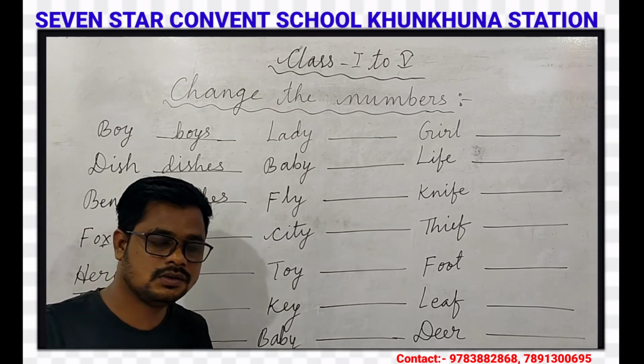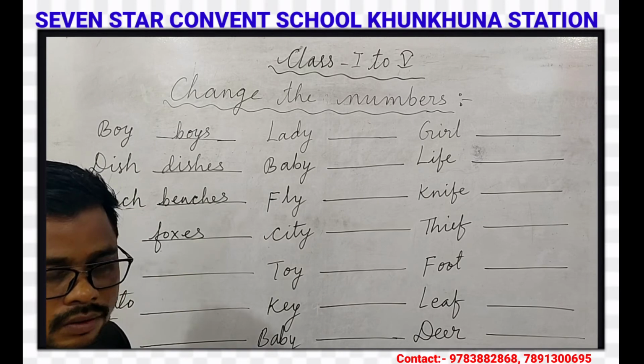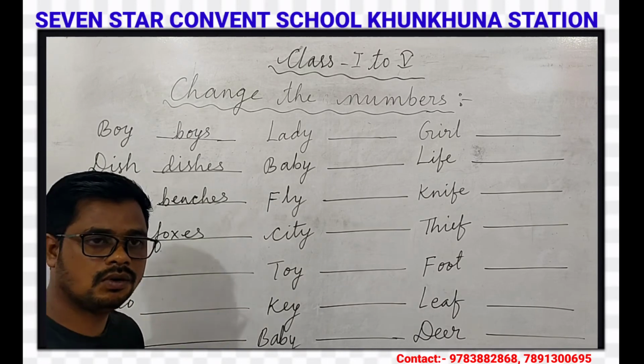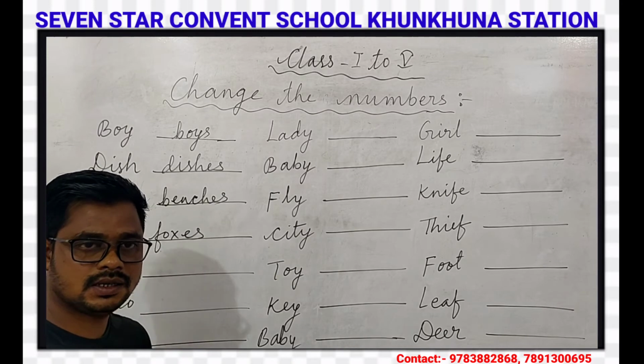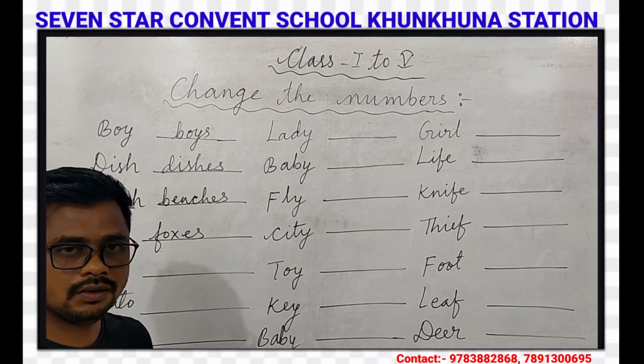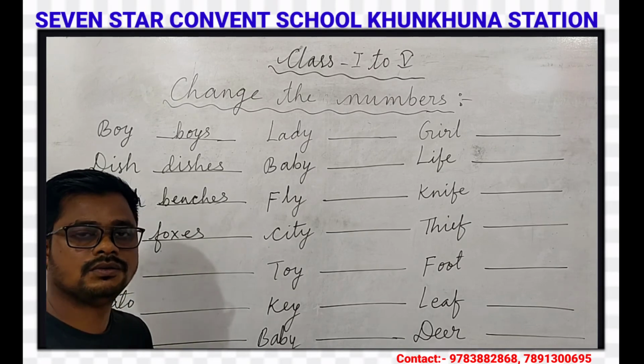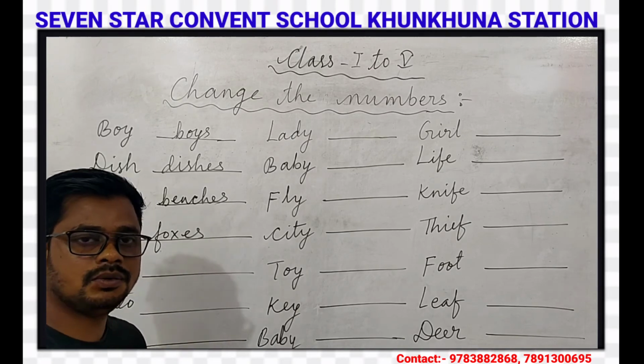Okay, our next question here. A few singular nouns ending with o get es in the plural. But most of the nouns ending with o get only s in the plural.